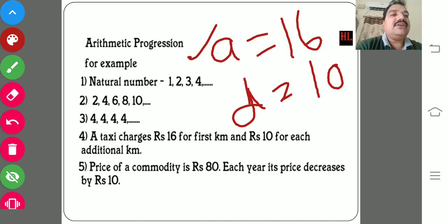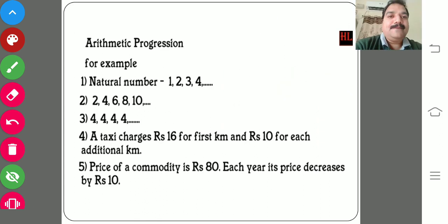If you want to travel 2 kilometers, 16 plus 10, you pay 26 rupees. If you want to travel 3 kilometers, 26 plus 10, 36. If you travel more, you keep adding 10. The 10 is a fixed rate, which in arithmetic progression is called the common difference.